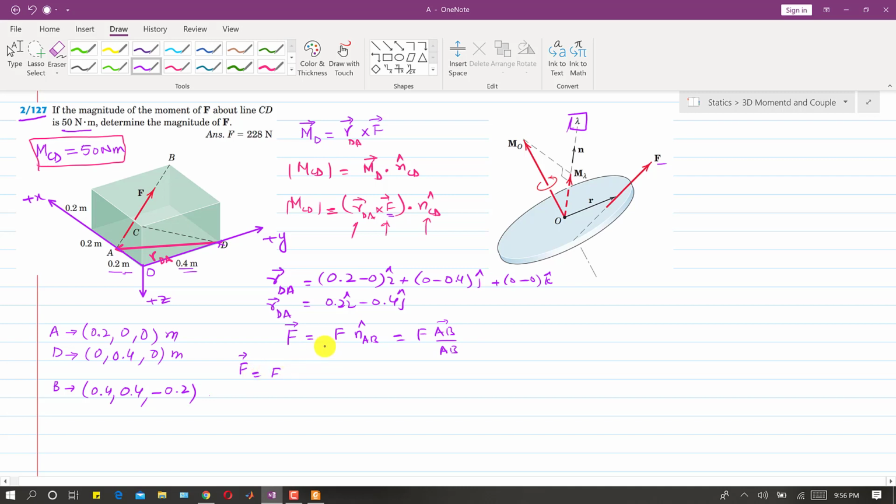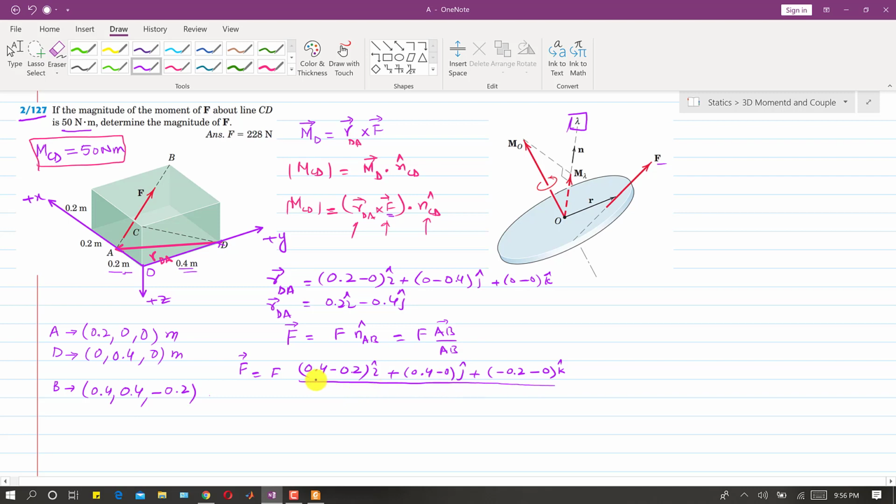So we will subtract the coordinates of A from B. So I will write 0.4 minus 0.2 i plus 0.4 minus 0 j plus minus 0.2 minus 0 k, and also we will find the magnitude and divide this vector by its magnitude.